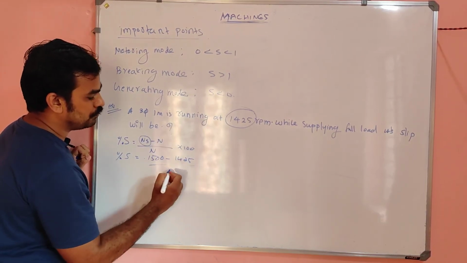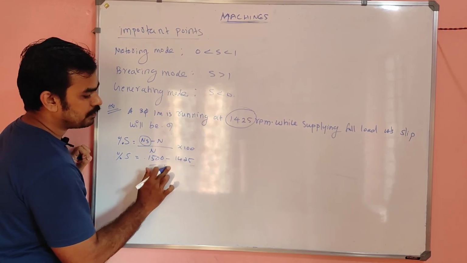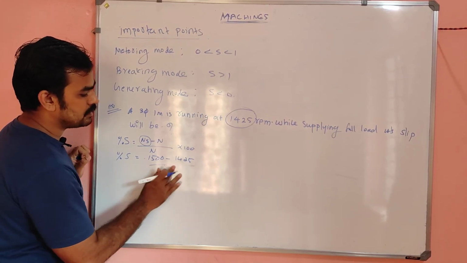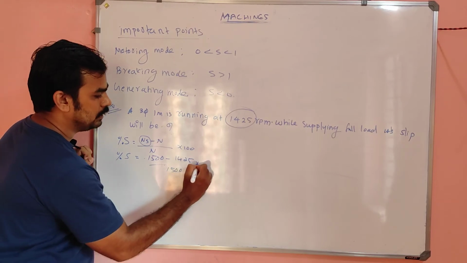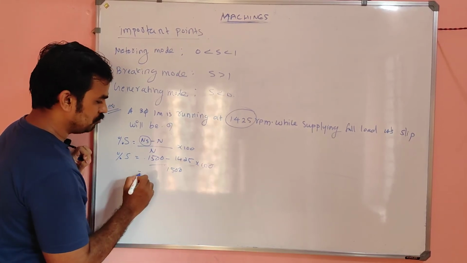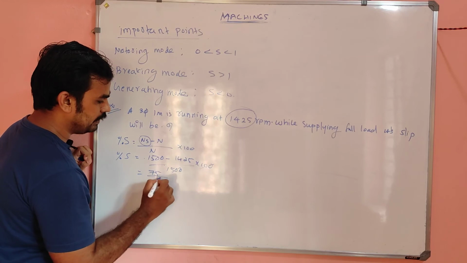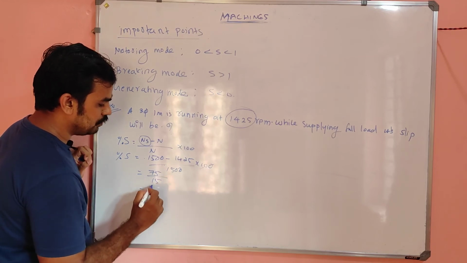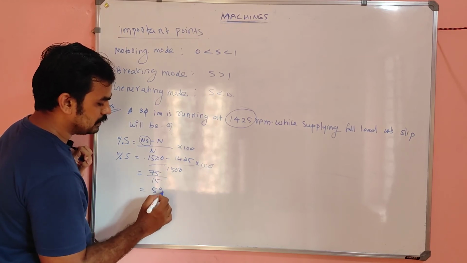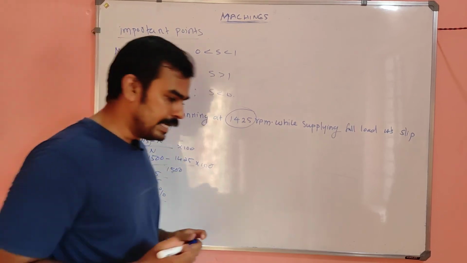So (1500 minus 1425) divided by 1500, into 100, is equal to 75 divided by 15, or simply 5%. So this will be the answer.